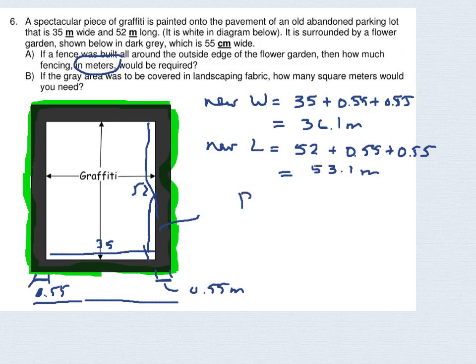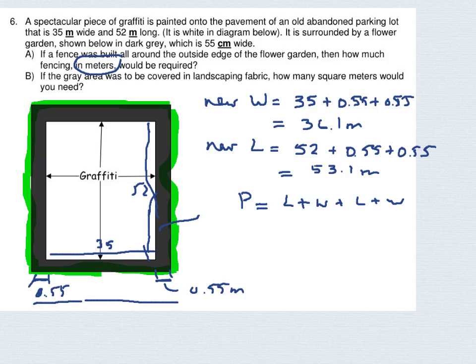Now to find the perimeter of a rectangle, you either can add length plus width plus length plus width, or you can do 2 lengths and 2 widths. So 36.1 and 36.1 is 72.2, for 2 widths, sorry, I think I mixed it up there.